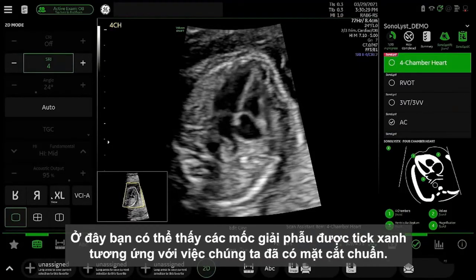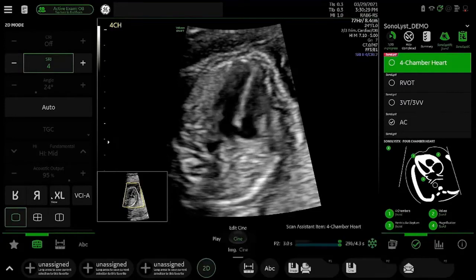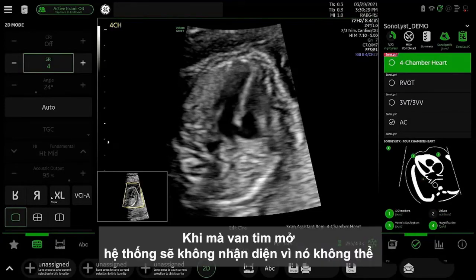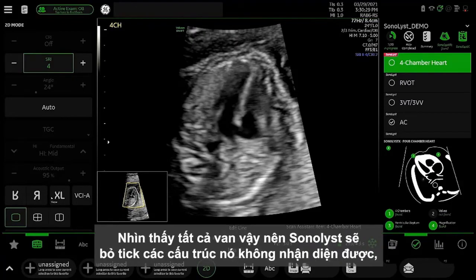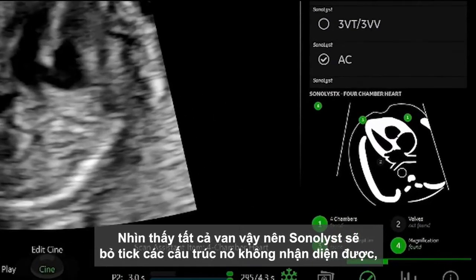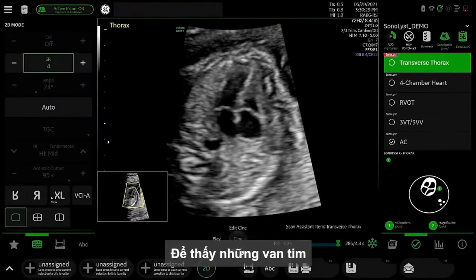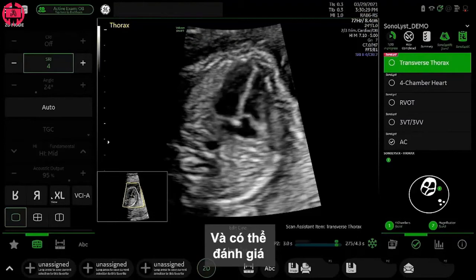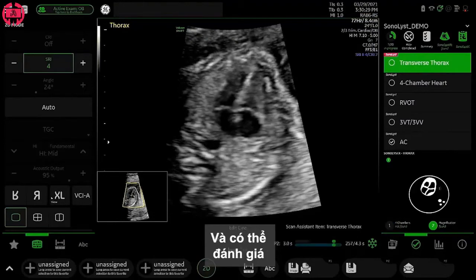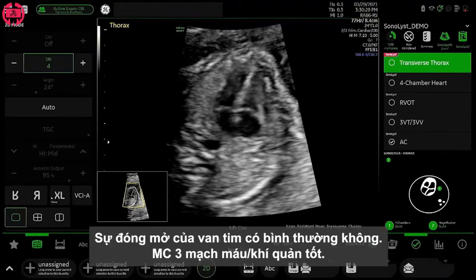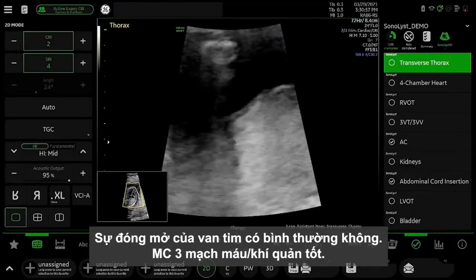So you can see all my little things are green there. When the valves are open like that, it doesn't like that because it can't see the valves. So it's going to uncheck that little tick box until I go back to seeing the valves and being able to assess that the offset of the valves is normal.